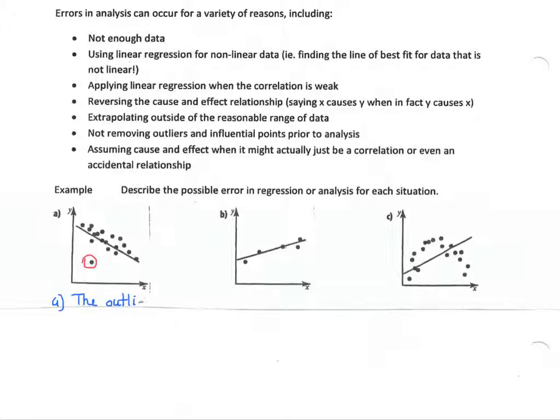So we're going to write the outlier should have been removed before regression, which is the process of finding the line of best fit, was performed.